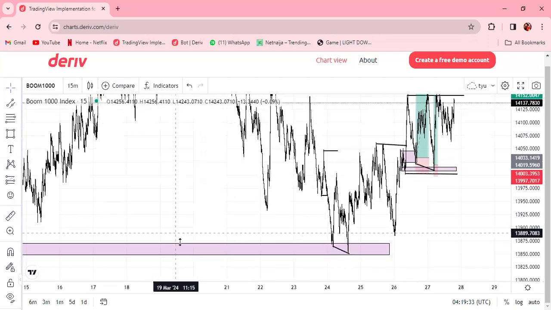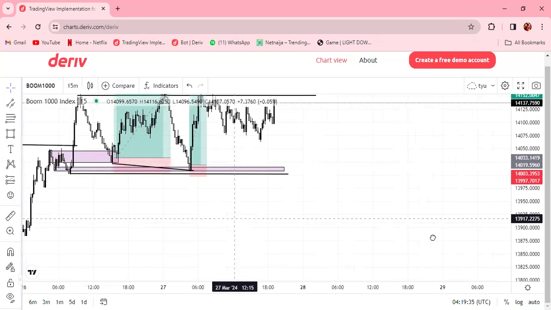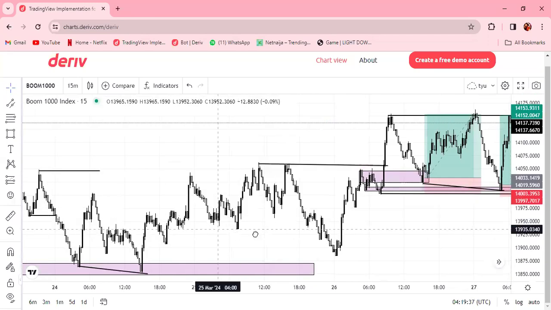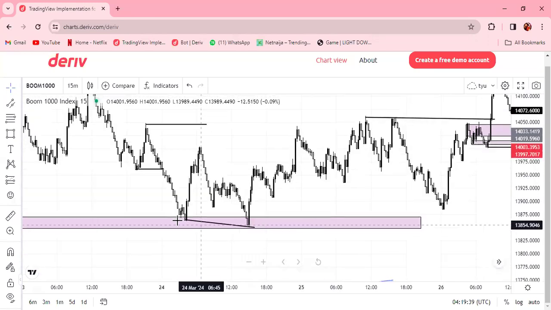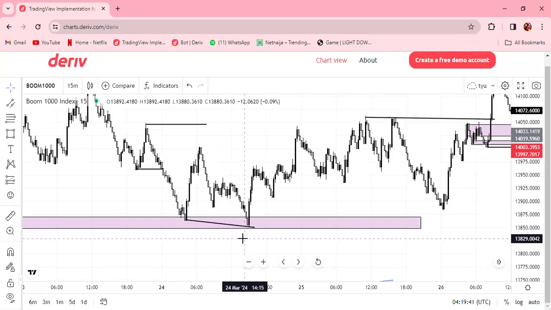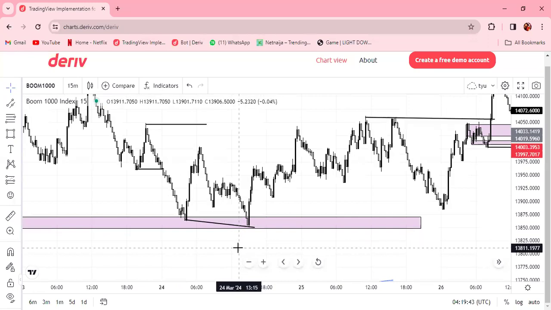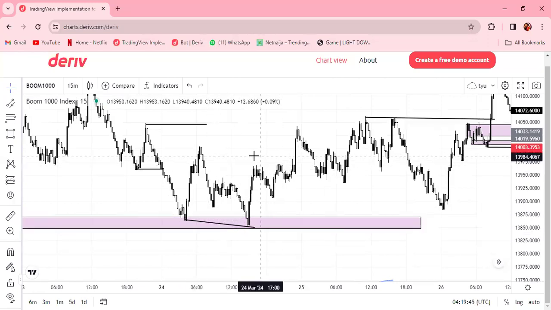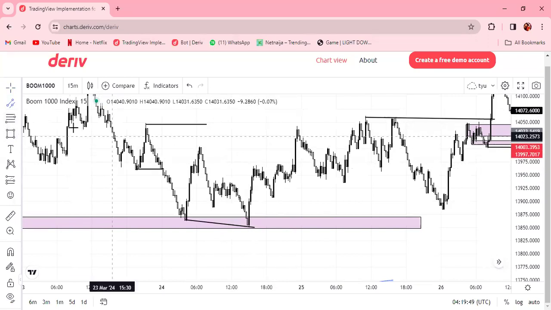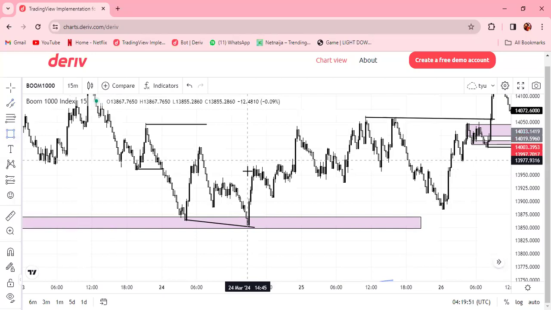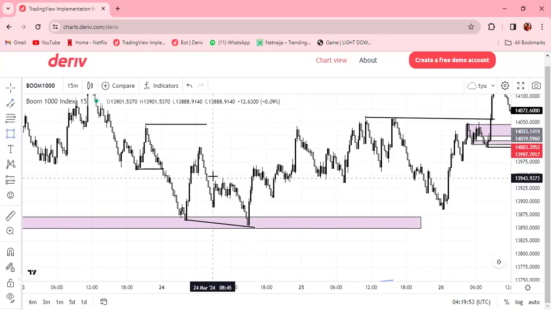So going back on the chart, we were here. We noticed this buy, for it to have taken place, we had a good divergence here, right? Price then created here a nice resistance.